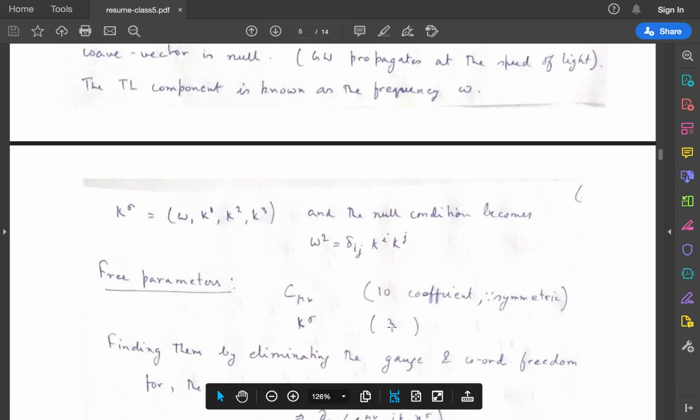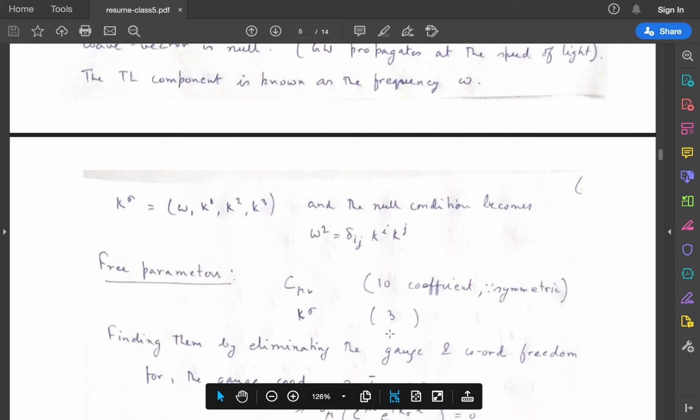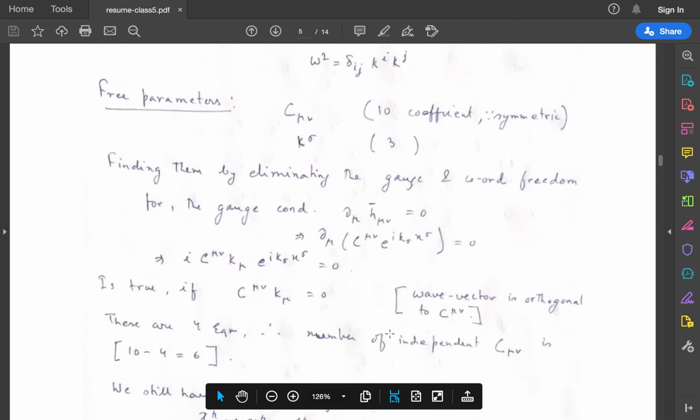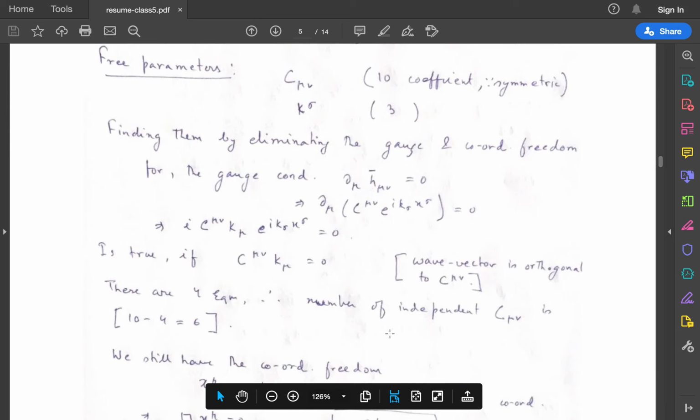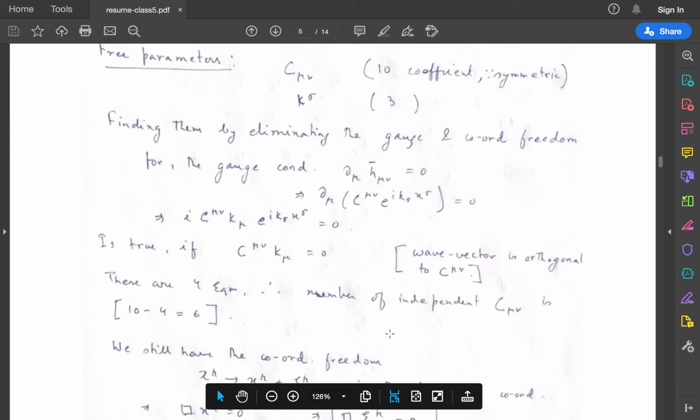However, with the null vector condition, we have one condition, so the independent coefficients are 3. So we have 10 of these and 3 of these. We must find them to find the solution of the Einstein equation for the gravitational wave.